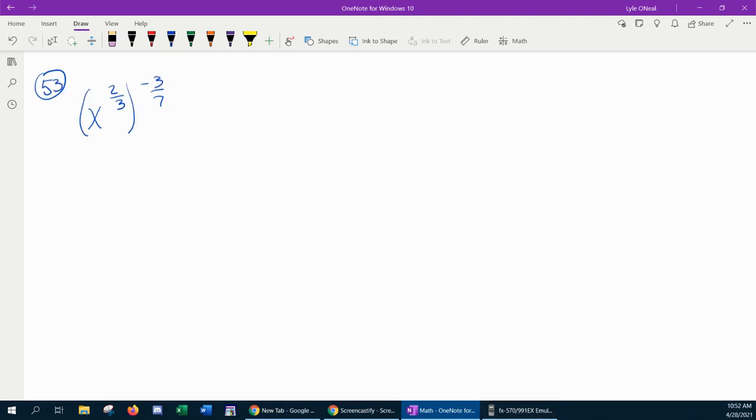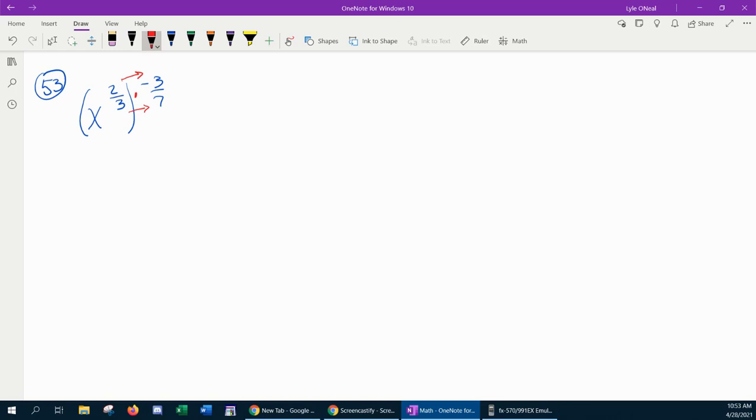Our next example, number 53, here we have x to the 2/3 raised to the negative 3/7. So this is going to be another property of exponents that you need to know, that this is multiplication. An exponent raised to another exponent means that you multiply the powers, but to multiply fractions, you simply go straight across.